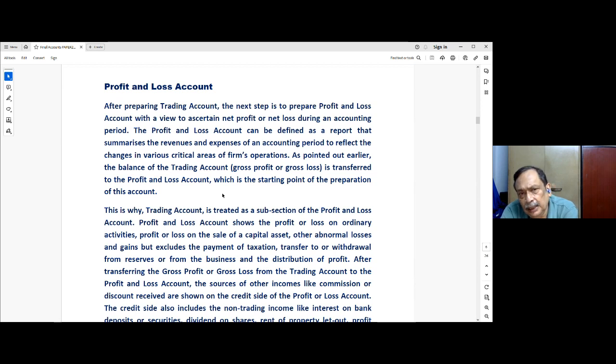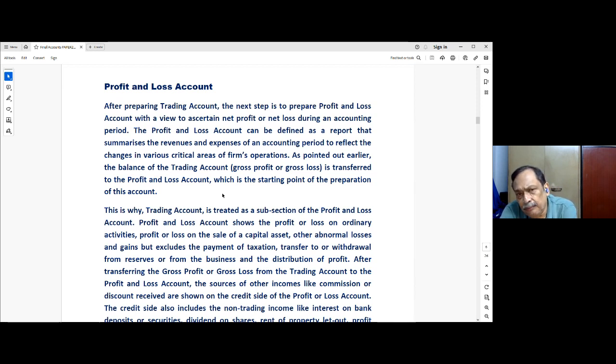But when I'll be taking into consideration the net profit or net loss, whatever it may be, then definitely we are going to prepare the profit and loss account once the trading account is prepared.